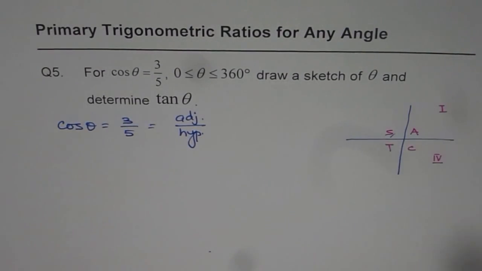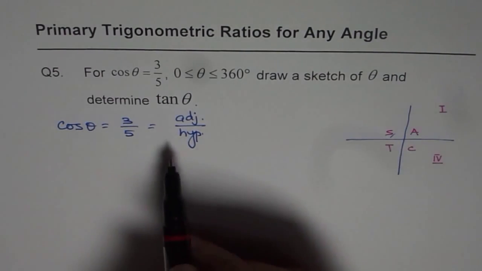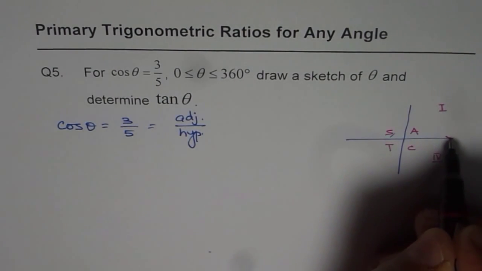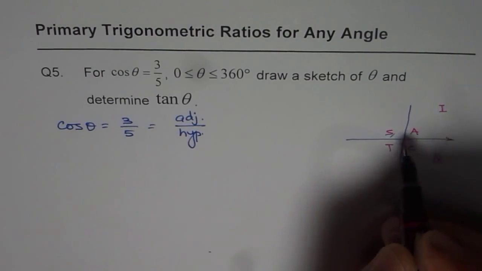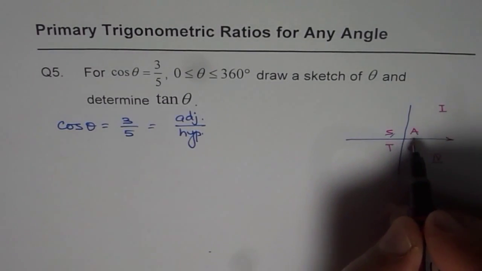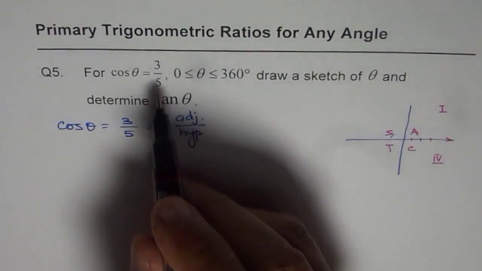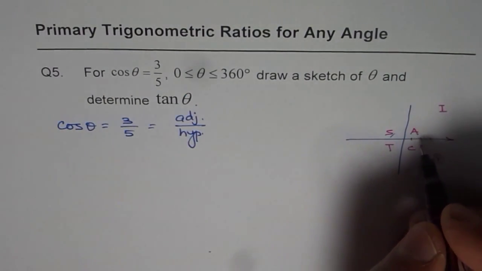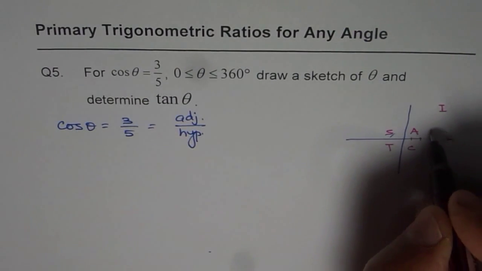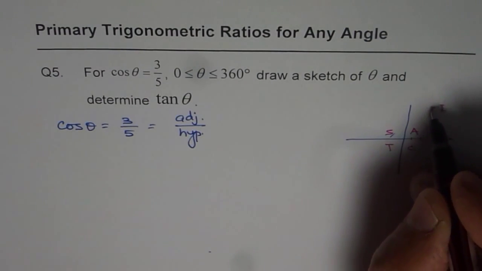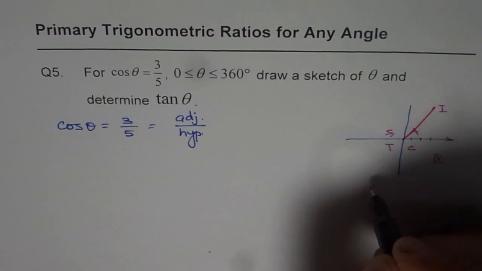Now in this particular case, adjacent side is positive when x value is positive. So it is 3 on this side, let's say this is 1, 2 and 3. 5 actually is the hypotenuse, so let us say this length is 5.